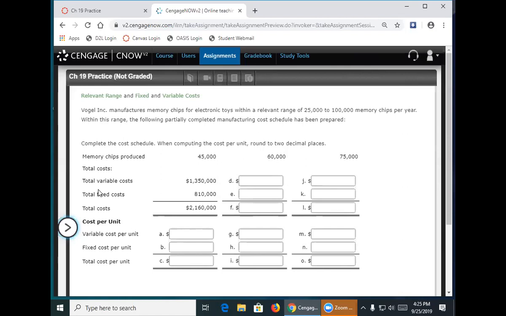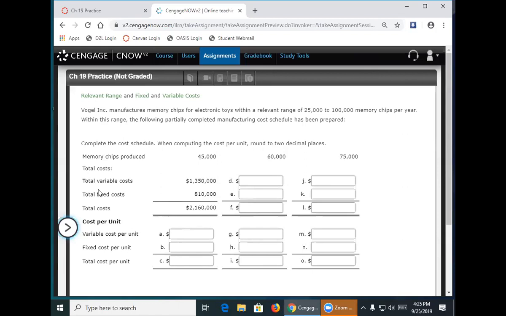Variable cost per unit stays the same in a period. However, with our fixed costs, if we make more, we're spreading that fixed cost over more units. So our fixed cost per unit actually goes down when we produce more.